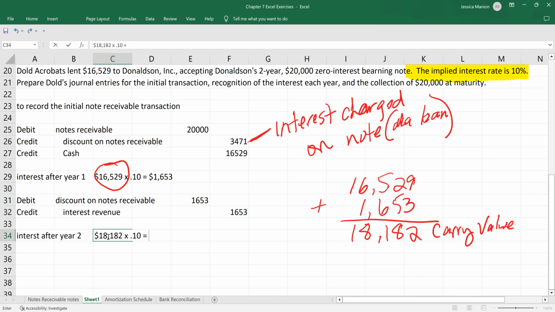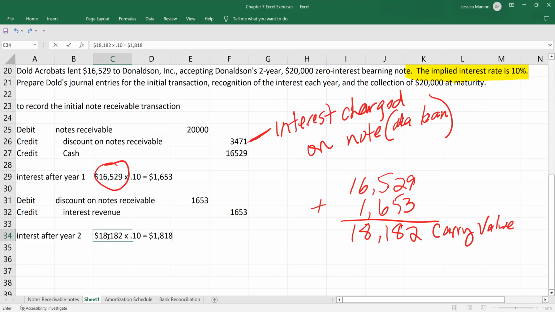And so this time we're going to get interest of $1,818, right?